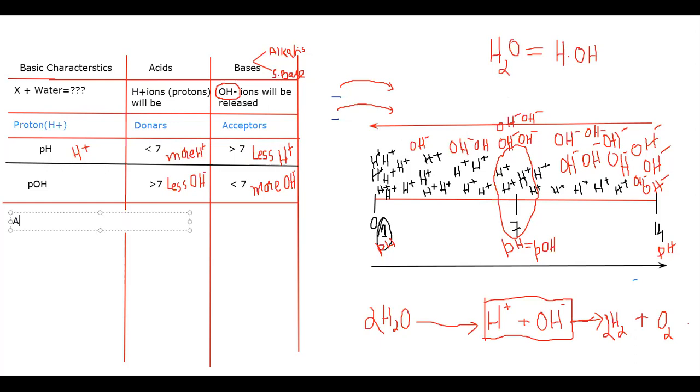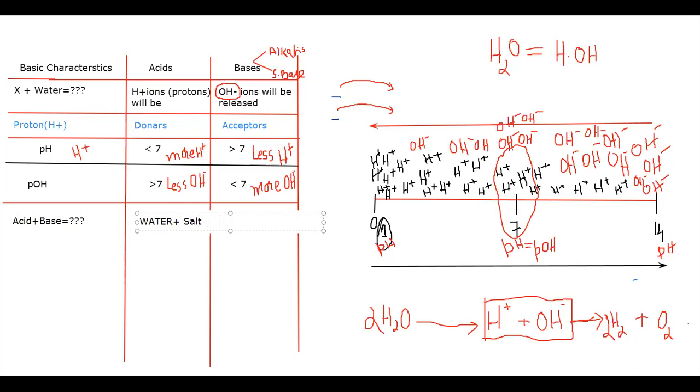When the acid reacts with a base, what will happen? What will happen when acid and base react chemically? Two substances are formed. One is called water, the second one is called salt.